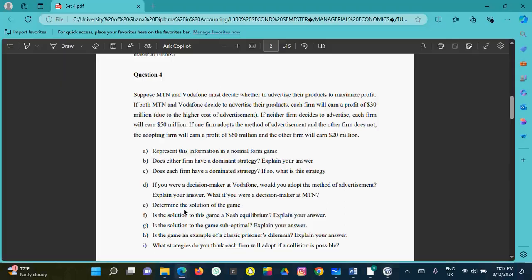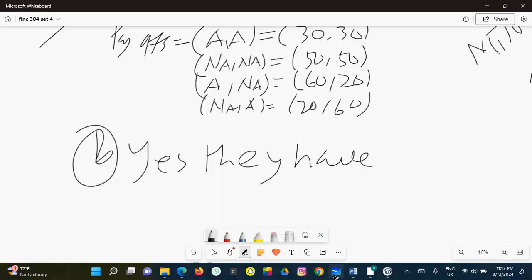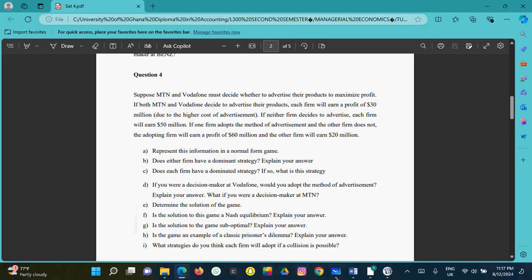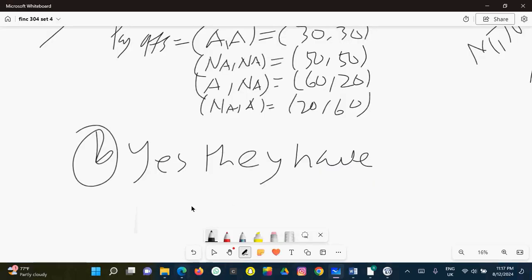So let's go to see: does each firm have a dominated strategy? If so, explain. So dominance, we have dominant strategy, we have dominated strategy. A dominated strategy is basically a strategy that performs low, that doesn't really perform well, right?